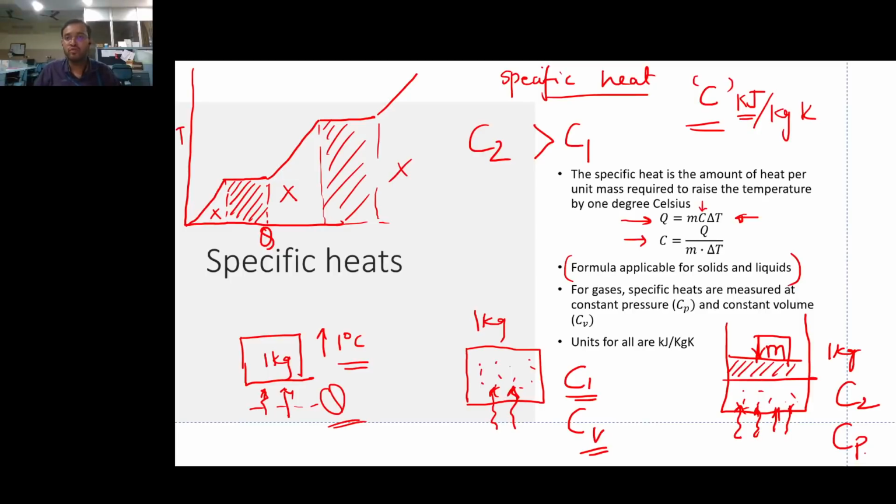So for gases you have two specific heats, Cp and Cv, and Cp is always greater than Cv. This is a really important property of gases, and I really hope that you all try to remember it. So you have two values of specific heat for gases, a single value for liquids and a single value for solids.